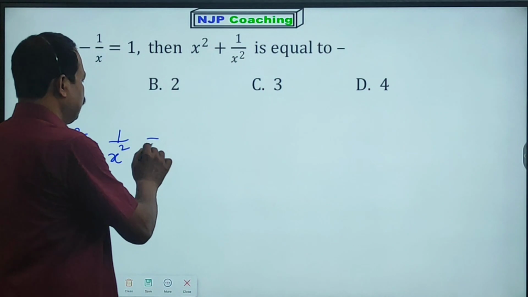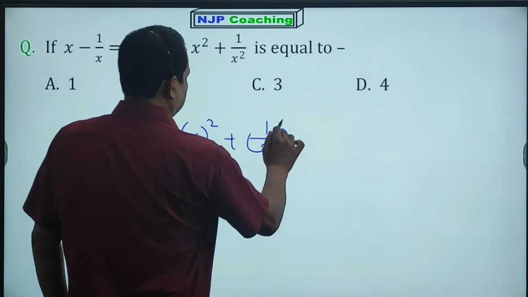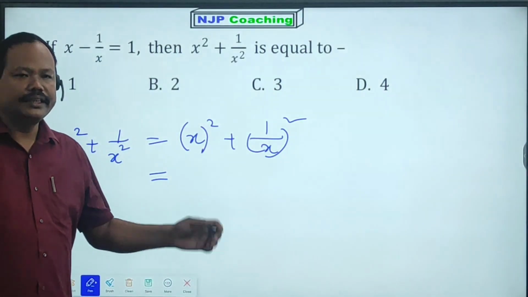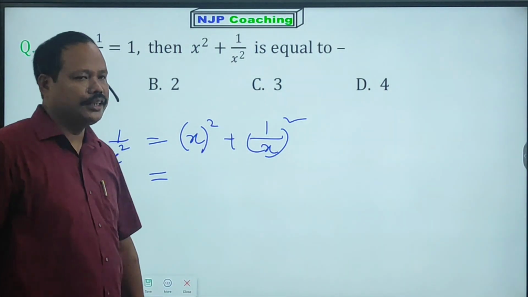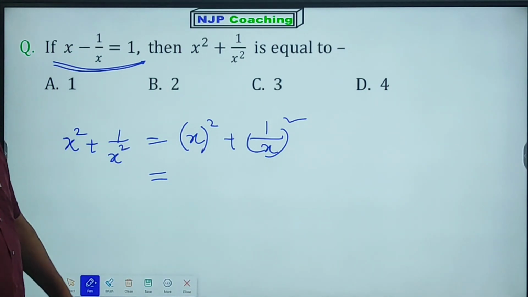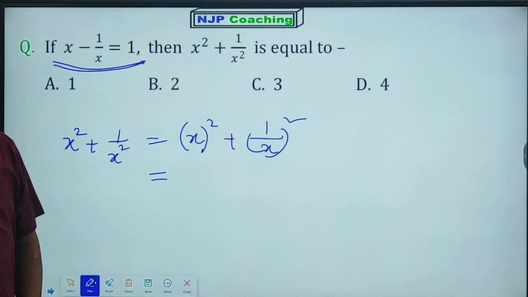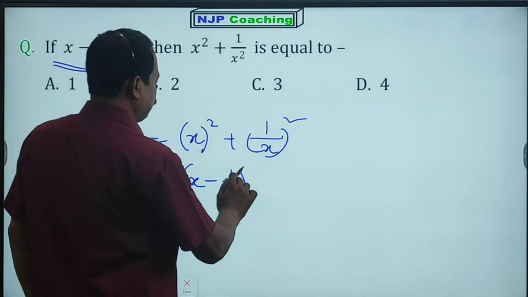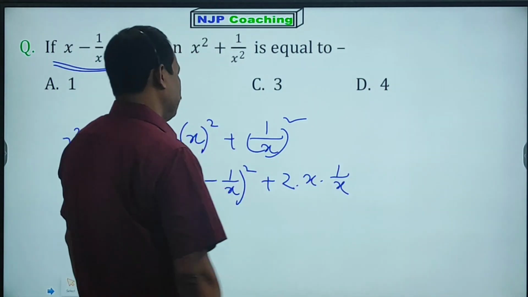We can write x as a and 1 by x as b. So a square plus b square. There are two formulae. One is (a minus b) whole square plus 2ab, and one is (a plus b) whole square minus 2ab. But for this question we have to use (a minus b) whole square plus 2ab because a minus b is given. So (x minus 1 by x) whole square plus 2 into x into 1 by x.